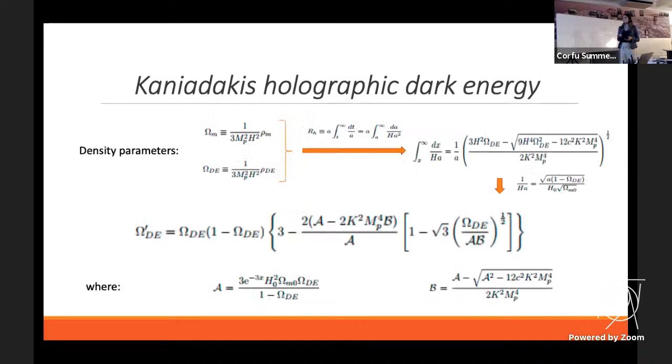And now let's talk about the density parameters. We have the matter density parameter and dark energy parameter, and this is a very important step in this work.